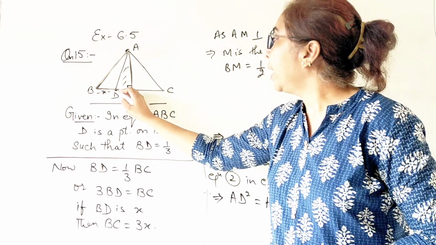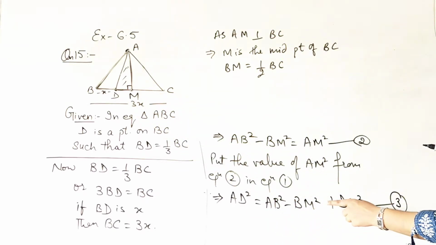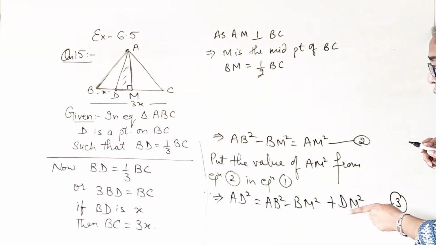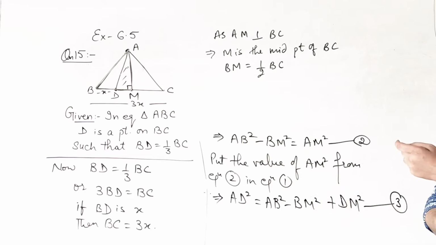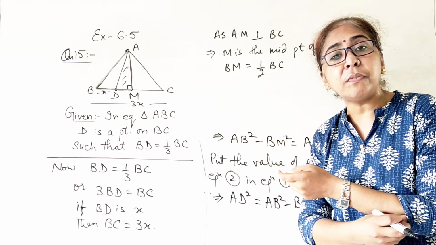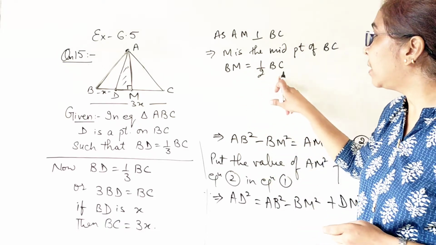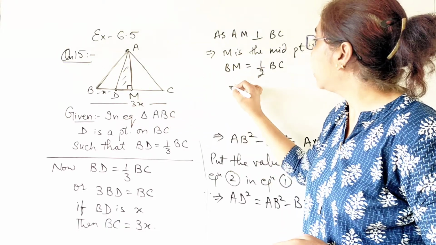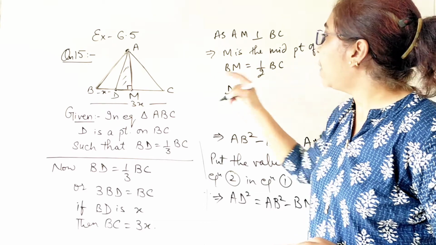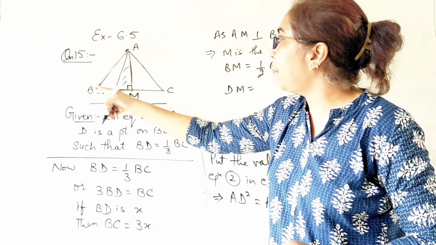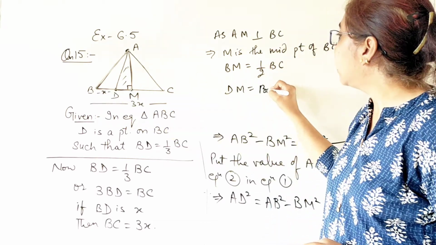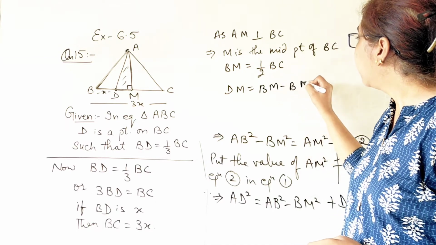And if I want to get the value of DM, because we want to remove DM and BM, so we want to get the values of DM and BM. Now BM is half of BC and DM I will get from BM minus BD. This is BM minus BD.